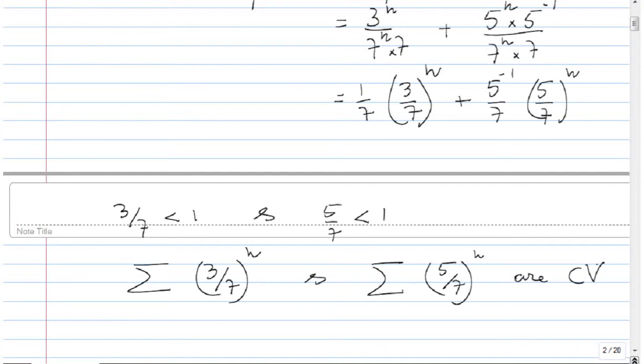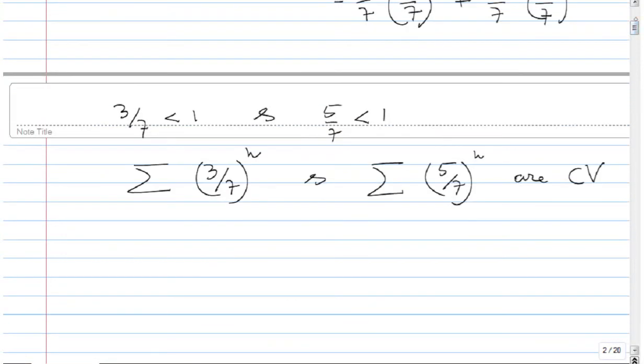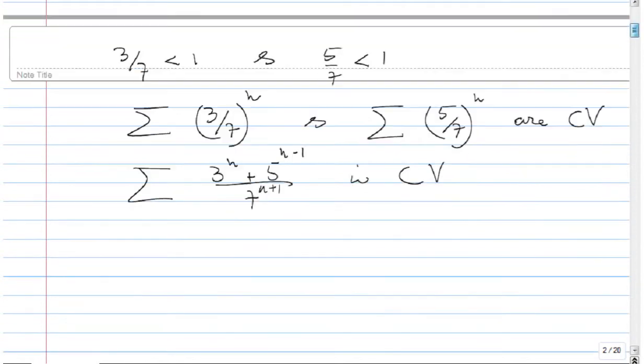So again here, this will imply that our original series is convergent, okay? So sigma of (3 to the n plus 5 to the n minus 1) over 7 to the n plus 1 is convergent, okay? And next we need to find the sum, okay?